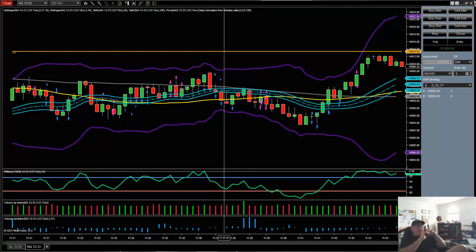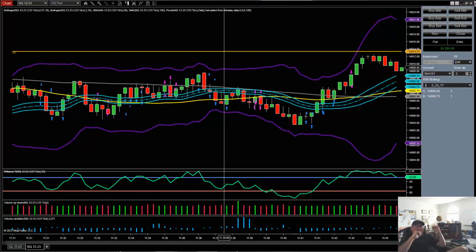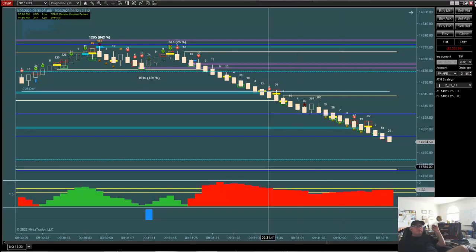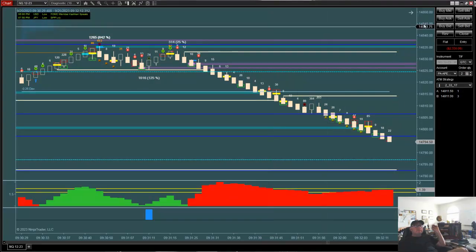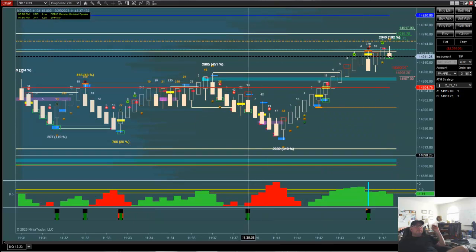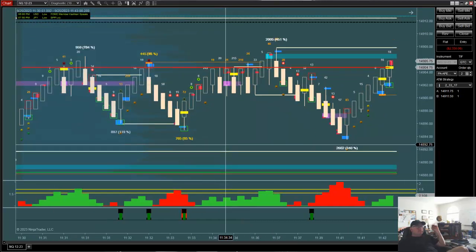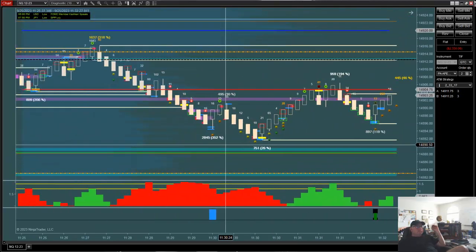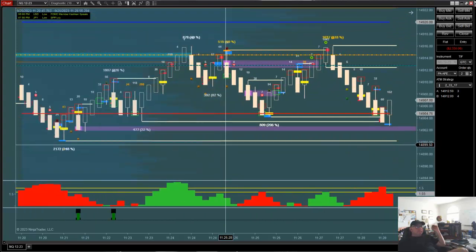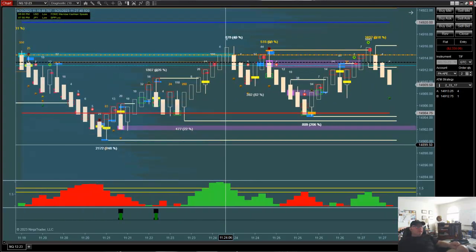There's got to be a combination of all this that I'm seeing to help me trade. Let's go back to Apex and see what it was showing. So this move really didn't show anything.